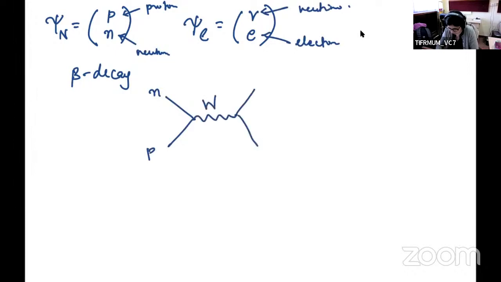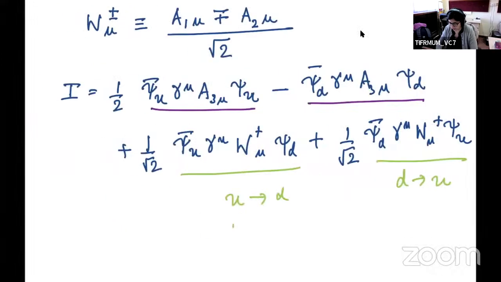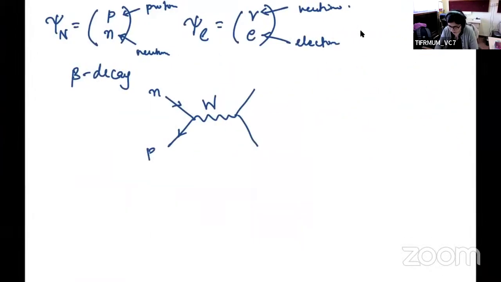So you have a neutron that couples to a proton. In the same way, you have this up-down kind of interaction. And similarly, on the other side, you have an interaction with the electron and the neutrino. Okay. So you could potentially say that this describes your beta decays completely.